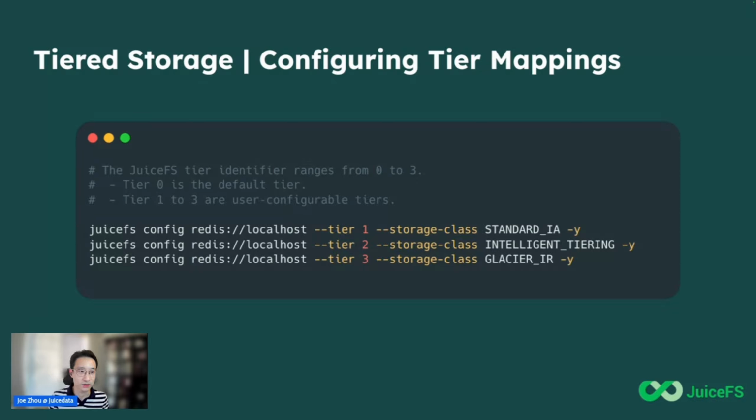We don't want to manage all of them, so we let you, the user, specify a tier mapping to a specific storage class of the object store. Storage class is a concept of the object store, and tier is the concept on our side.